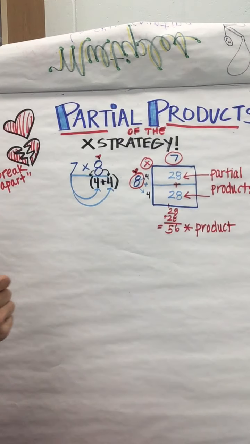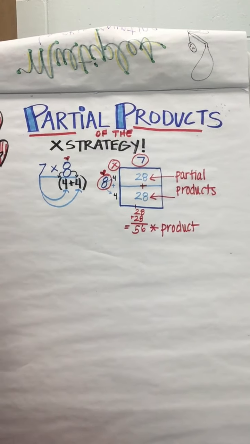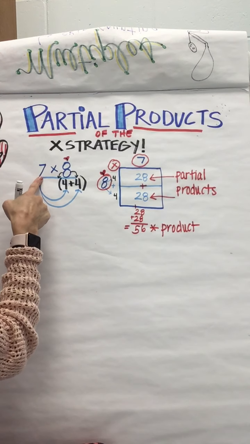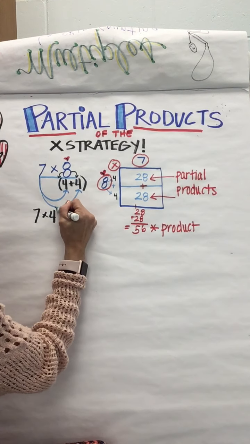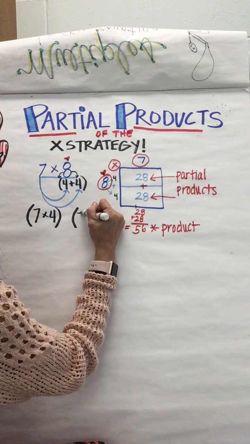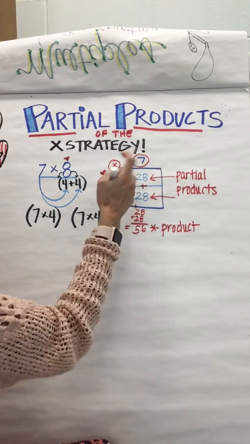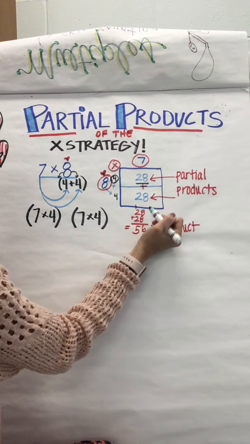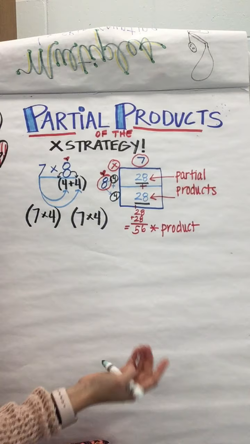The last thing I want to show you with this problem is how to write it. What we really did was we did 7 times 4, and we did 7 times 4, and the model helps me see that. I did 7 times 4 here, and 7 times 4 here. And what did you do with those?